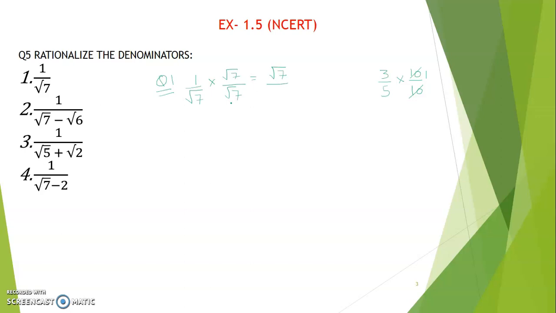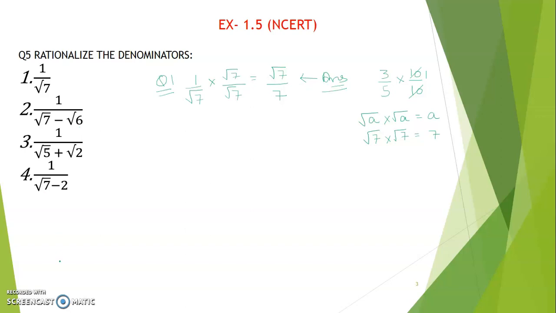I explained this yesterday in detail: root a into root a is equal to a. Similarly, root 7 into root 7 is equal to 7. So what is the answer when you rationalize 1 upon root 7? Your answer is this.